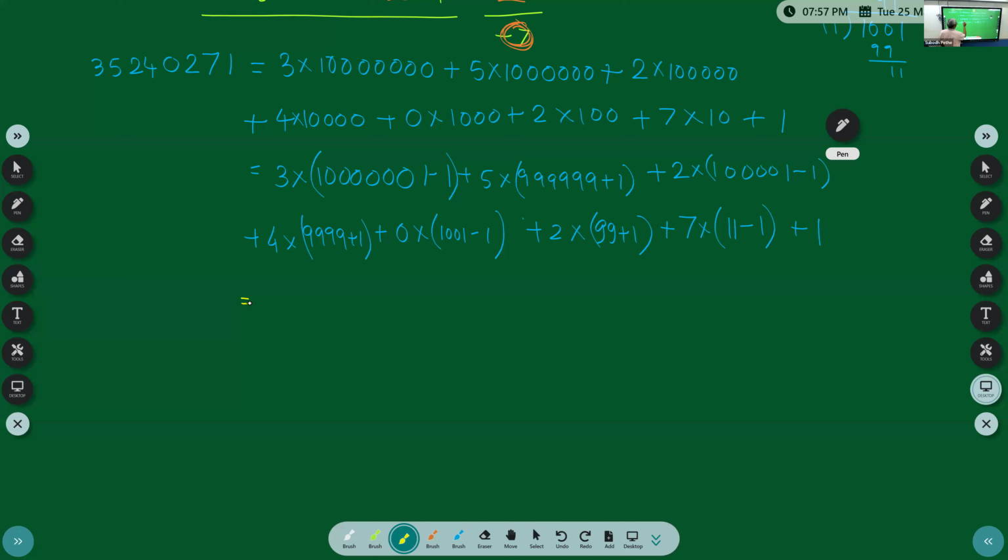Now we need not find the quotient. We are not interested in the quotient. So 3 into 11 common inside the bracket, some quotient 1 for this. Then what we are left with is minus 3.